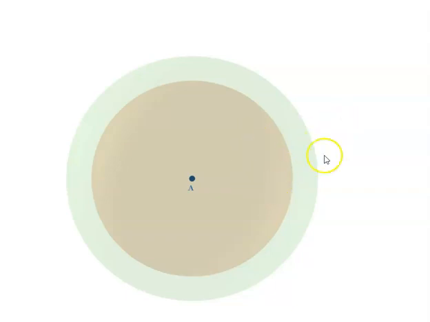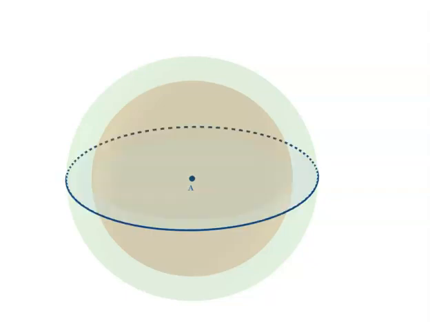So we are given two spheres about the same center A. Now we cut these two spheres by any plane through the center. So just imagine we are cutting it using a plane through A. Now that plane is going to intersect these two spheres in the form of a circle.